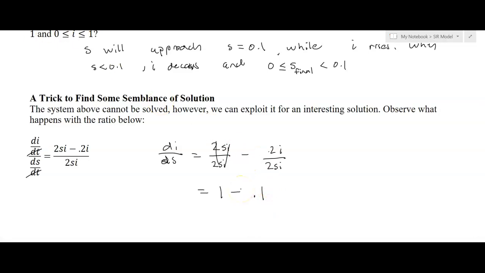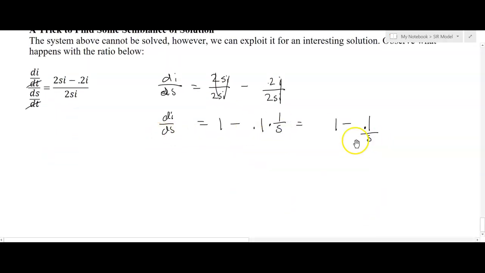And so then the two i's cancel here, and we're just left with 1 over s, which can obviously be written as di ds equals 1 minus 0.1 over s. And now this is a separable differential equation.